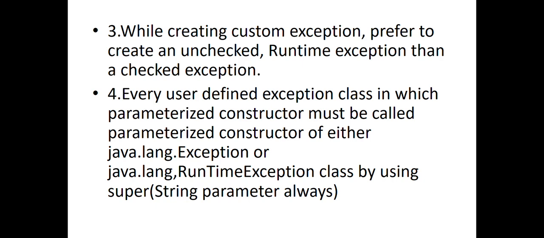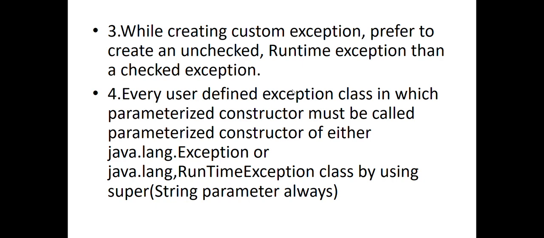In our own user defined exception class, we need to create one parameterized constructor, and that constructor must call our base class, whether Exception or RuntimeException, and pass one string message through the super keyword.